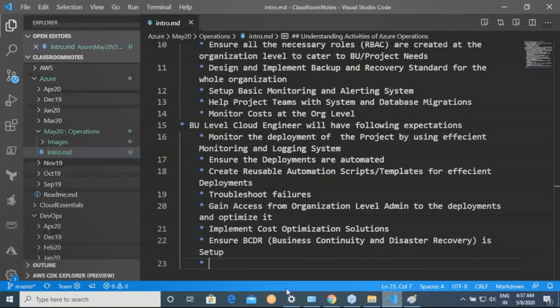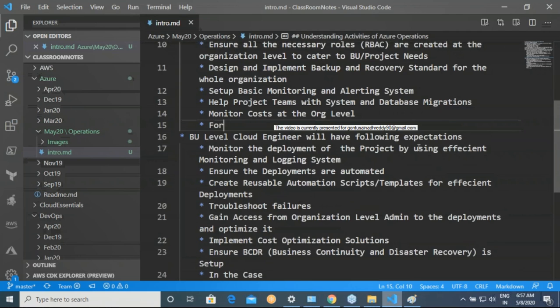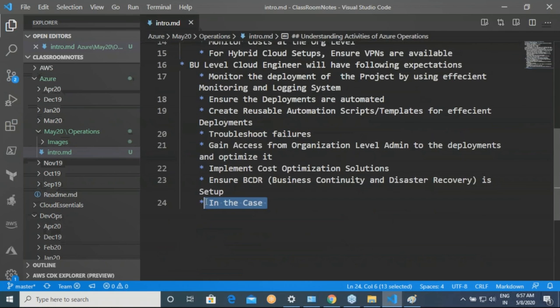In the case of, okay, that is here itself. For hybrid cloud setups, ensure VPNs are available. Okay. Right. Anything else?